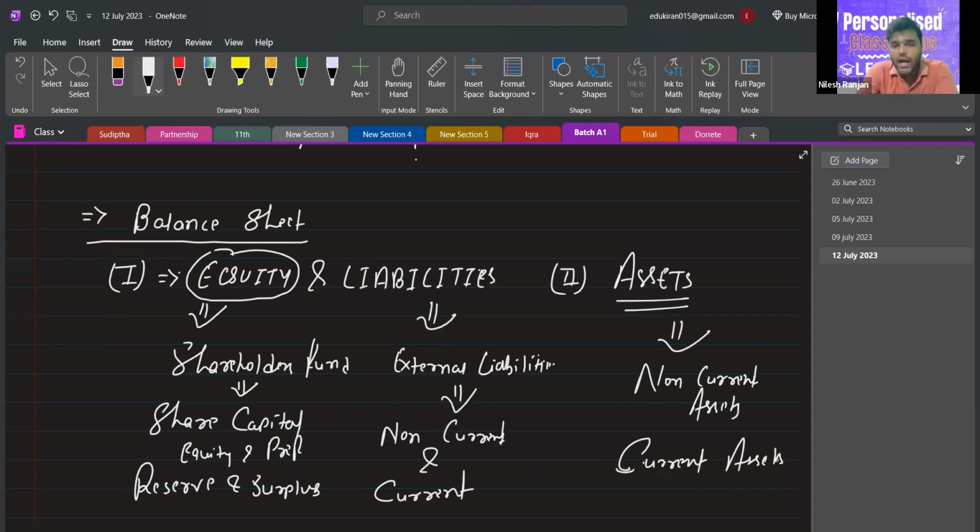Now, can you tell me why we are taking 12 months as a decisive item for non-current and current? So, one accounting period. One accounting period, but generally it is called operating cycle.